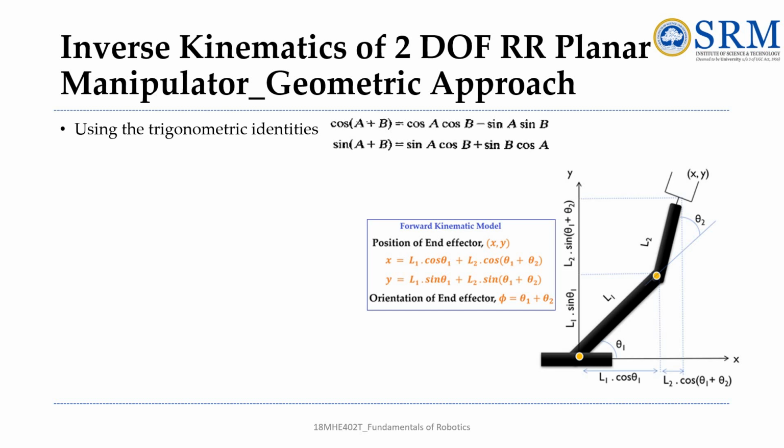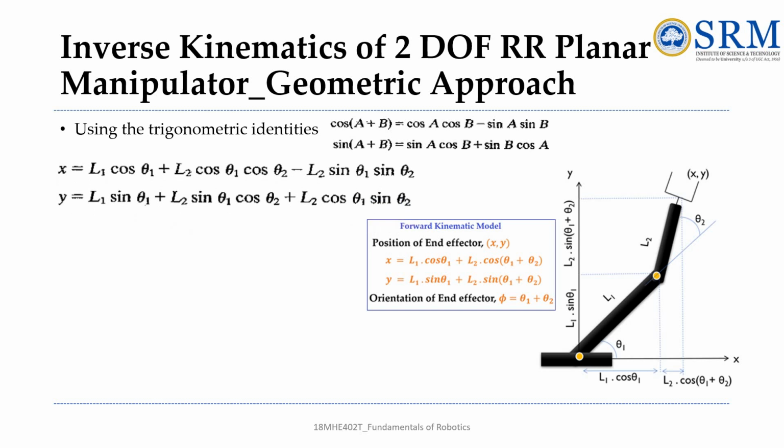Cos(A plus B) is cos A cos B minus sin A sin B, and sin(A plus B) is sin A cos B plus cos A sin B. Apply these in the position of the end effector for the forward kinematic model, square both sides and add the two equations.